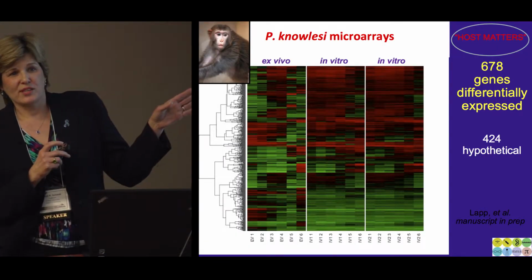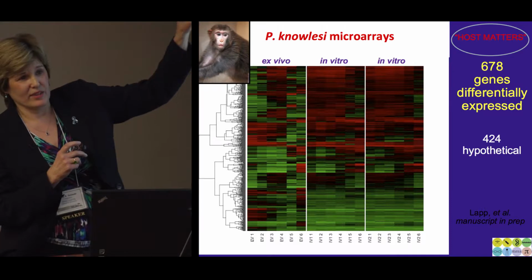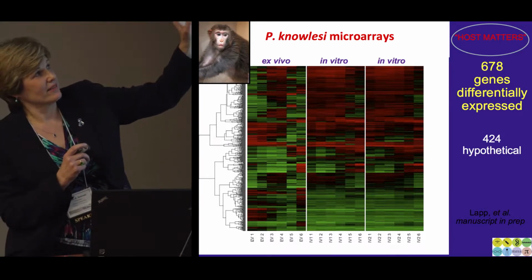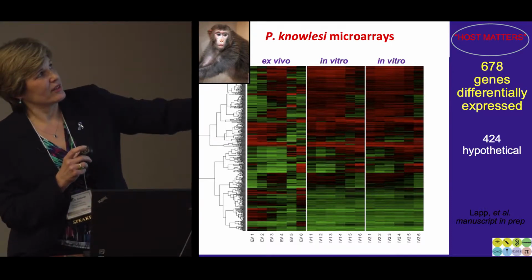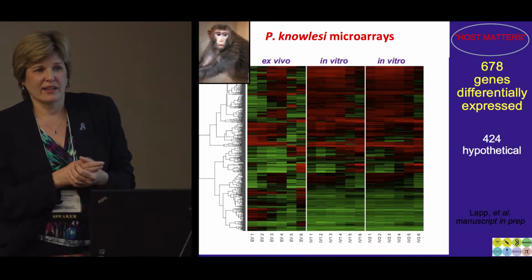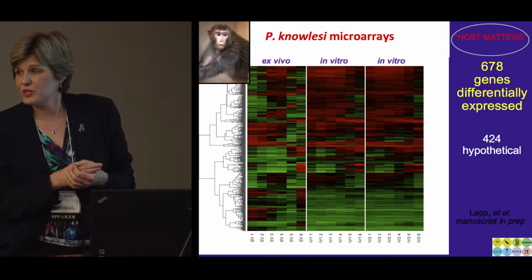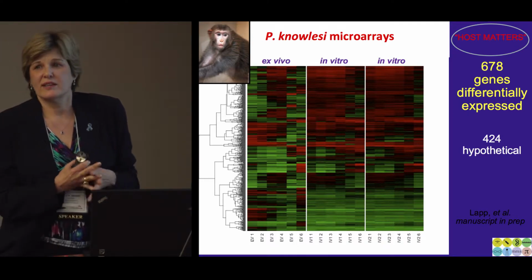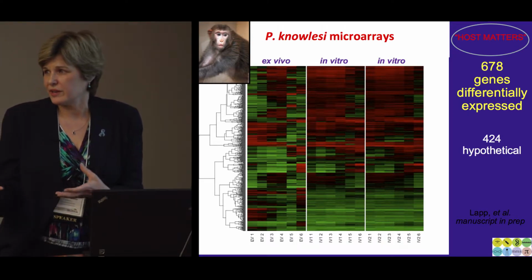We have also shown, comparing the in-host dynamics and gene expression of knowlesi with the cultured in vitro, that you have a different gene expression, clearly telling us the host matters. So the work we're doing in the context of the host does make a difference, rather than only working in cultures.